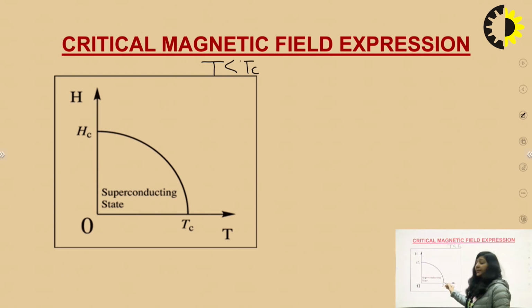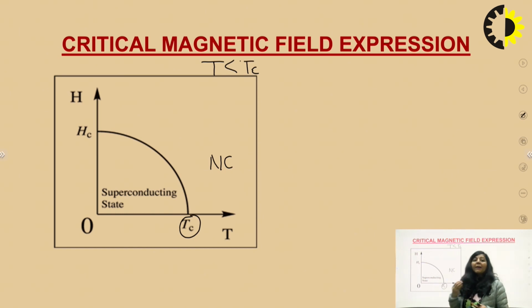This Tc is the critical or transition temperature below which the material is in superconducting state, and above this temperature, obviously the material will be in normal conducting state. But between 0 and Tc, this superconducting state can be destroyed, and we can regain the normal conducting state just by applying an external magnetic field.